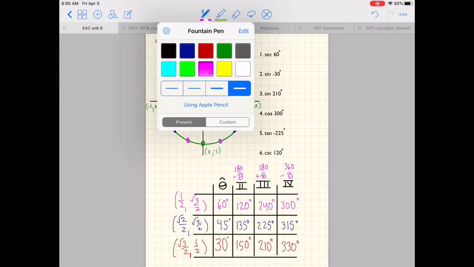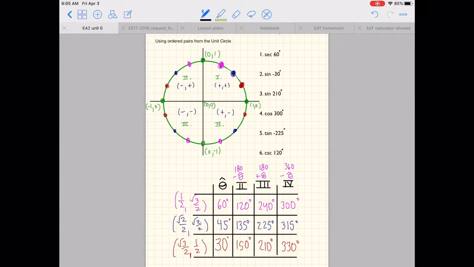So now you can actually start doing some trig without a calculator, okay? When it first says number 1, secant of 60, remember secant of 60 is the same as 1 over the cosine of 60. Because basically, the S goes with the C when you talk about reciprocals. Just a little mnemonic device to try to remember that.